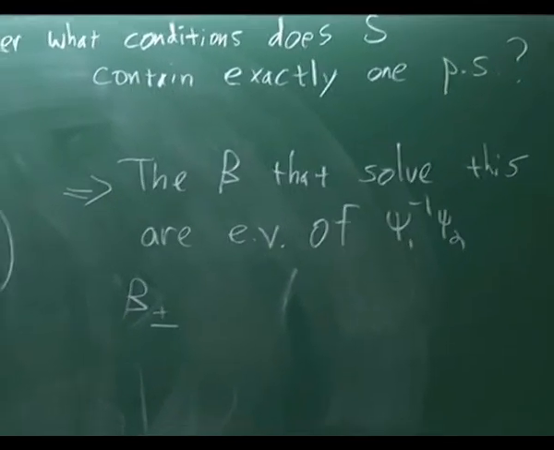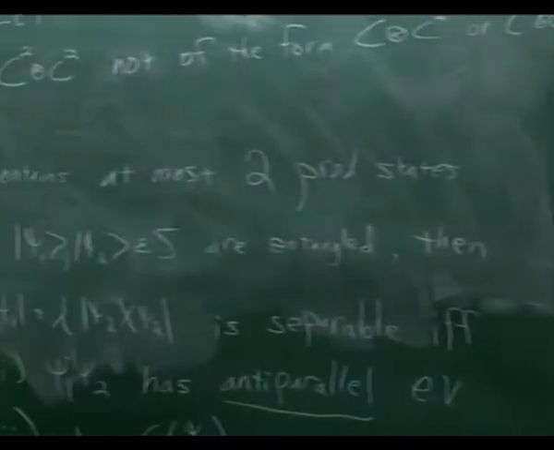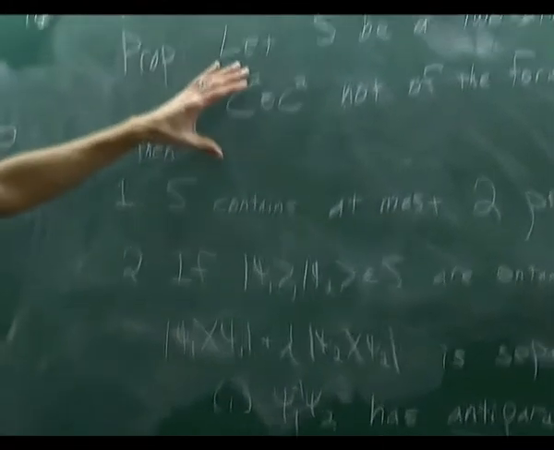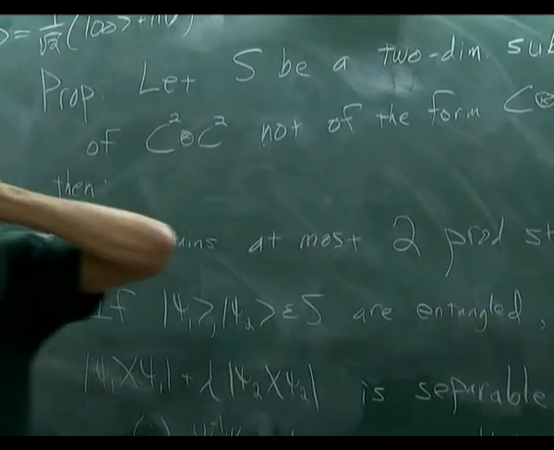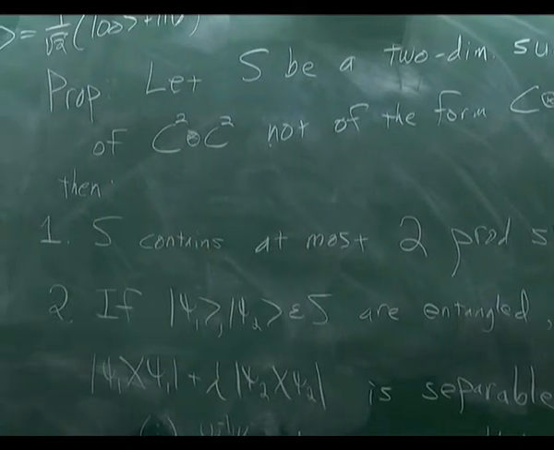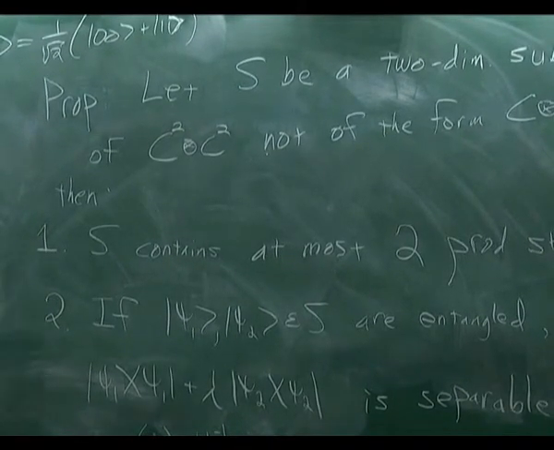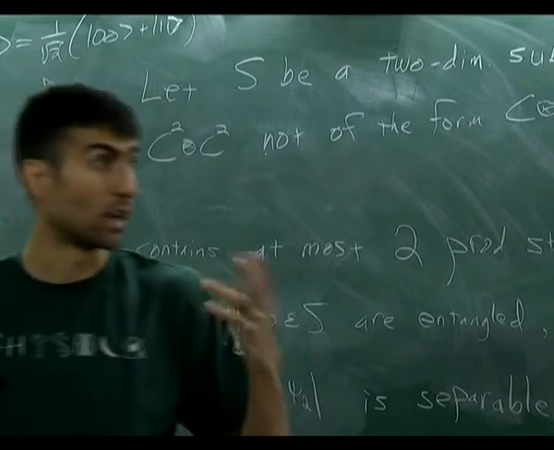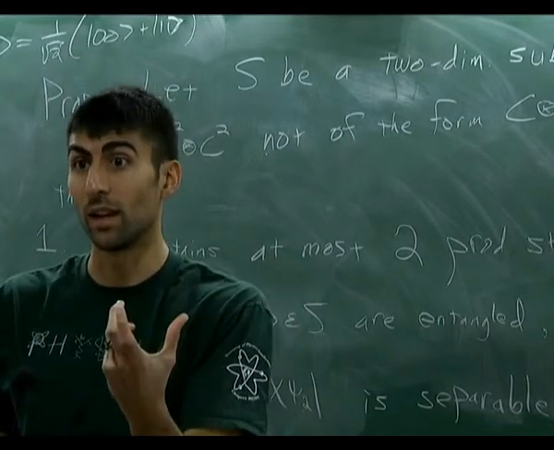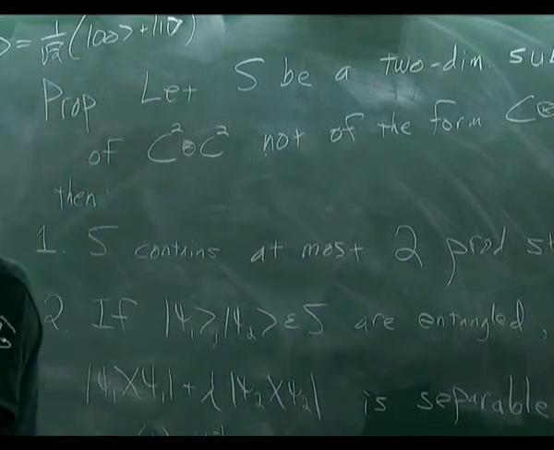So one observation that comes immediately from this is that if you have a separable state whose support is S, meaning that its eigenstates span S, then we can write that separable state as a convex combination of only 2 product states. Okay, so it's a rank 2 separable state, and we can write it as a convex combination of 2 product states.